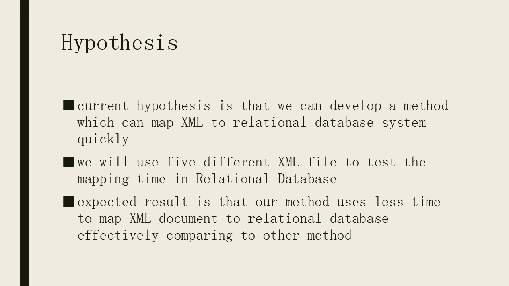So we will use 5 different XML documents to test the mapping time in relational database. The expected result is that our method uses less time to map XML documents to relational database compared to the other methods we talked about before, like XRel and XParent.